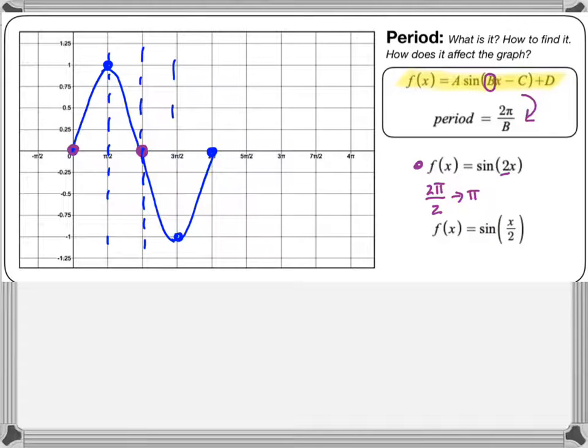So backing all those dotted lines out, I'm going to see if I can break this up into even sections. What I'm going to do is cut this in half first, the distance between the 2 purple x-intercepts, and then I'm going to go like this.